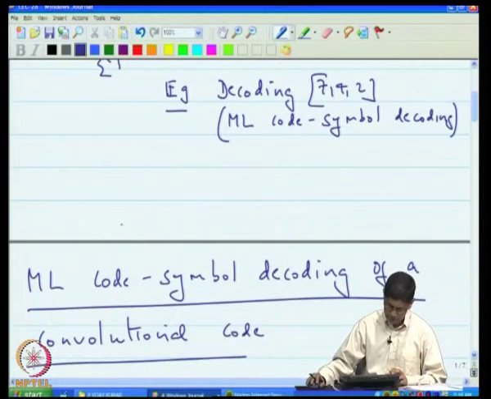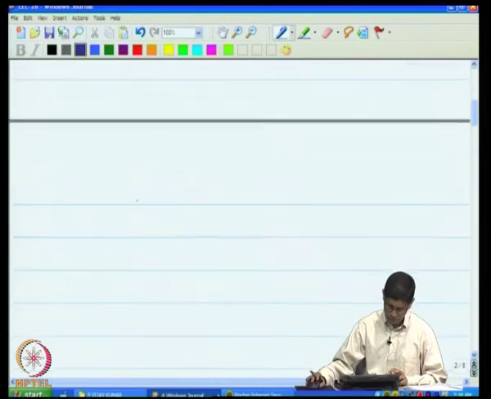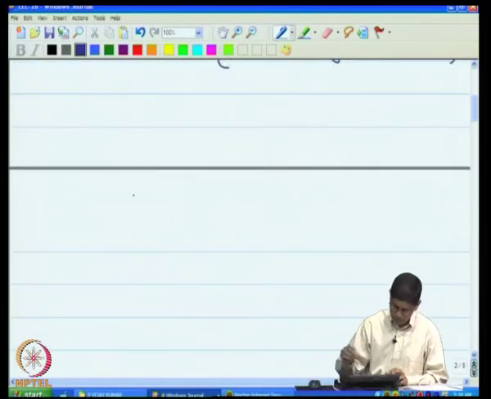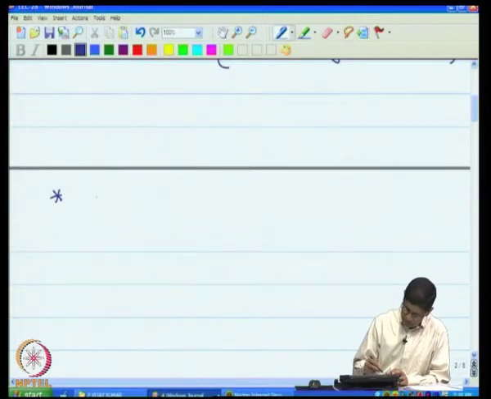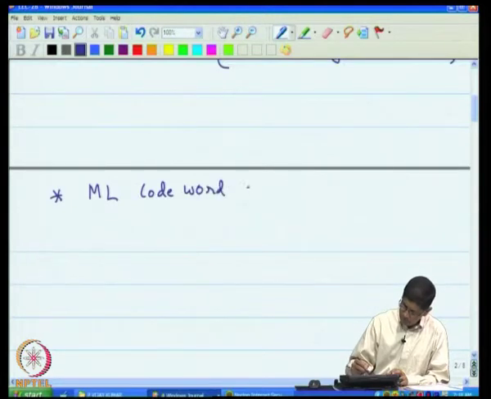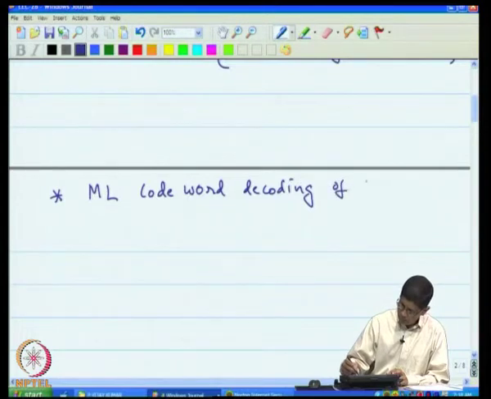Then after that we looked at the problem of maximum likelihood code word decoding of the 742 code.